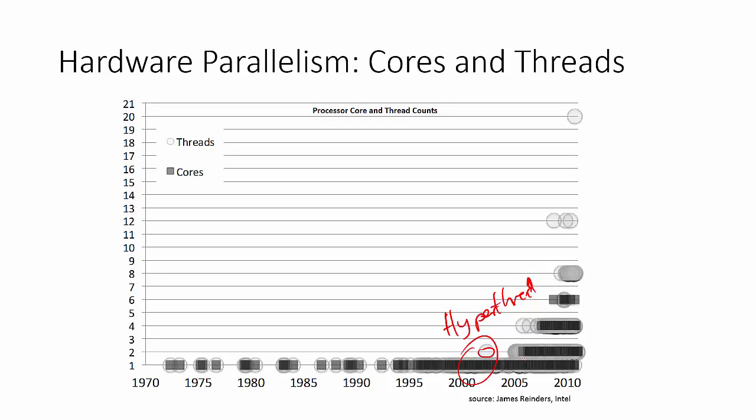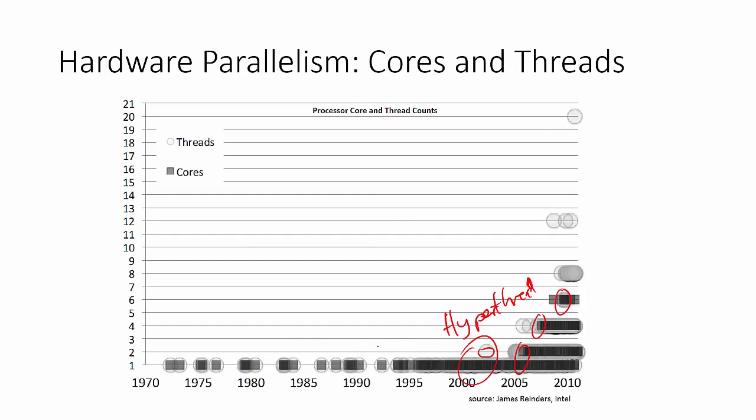And then about 2005 or 2006, we began to see dual-core, then quad-core processors, then 6-core processors. This is not the latest diagram, but there are up to 12-core processors from Intel, and of course if you look at other vendors, you'll see many more.